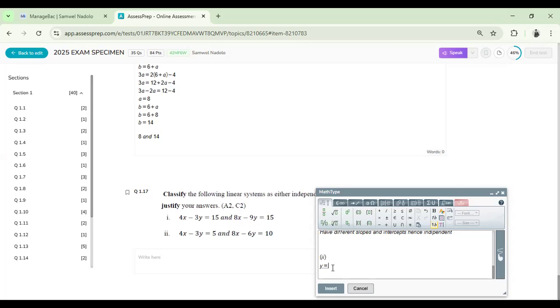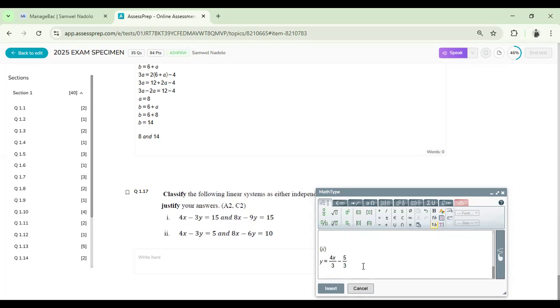So if you make y the subject at that point, you'll have a fraction, and then your numerator will have 4 over 3x, or 4x over 3, sorry. And then your other side will have, because you'll need to divide by -3, so it will be minus 5 over 3. Okay, so that is the first one.